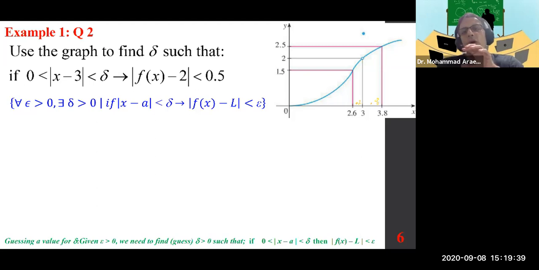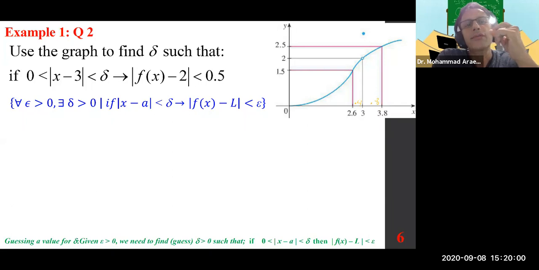And the other one is 0.4. This distance is 0.4: 3 minus 2.6 is 0.4, and 3.8 minus 3 is 0.8. So those are the values of delta.